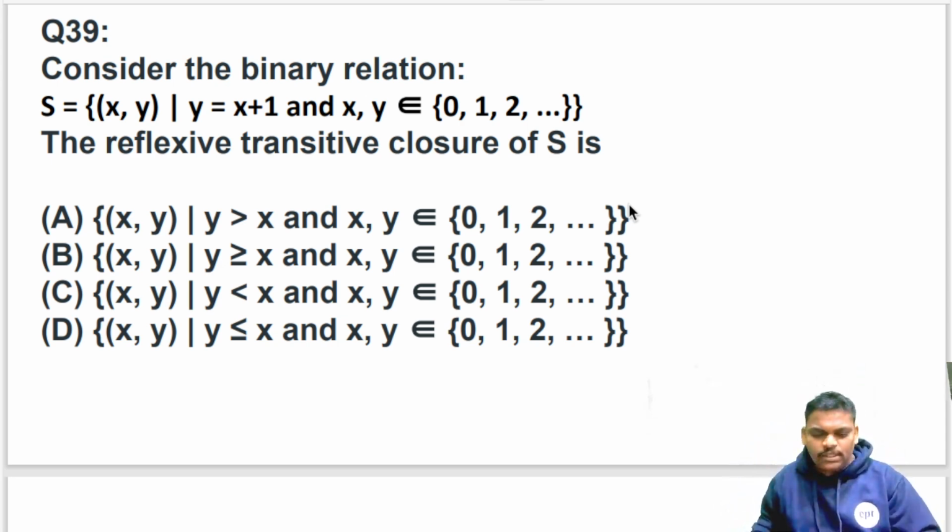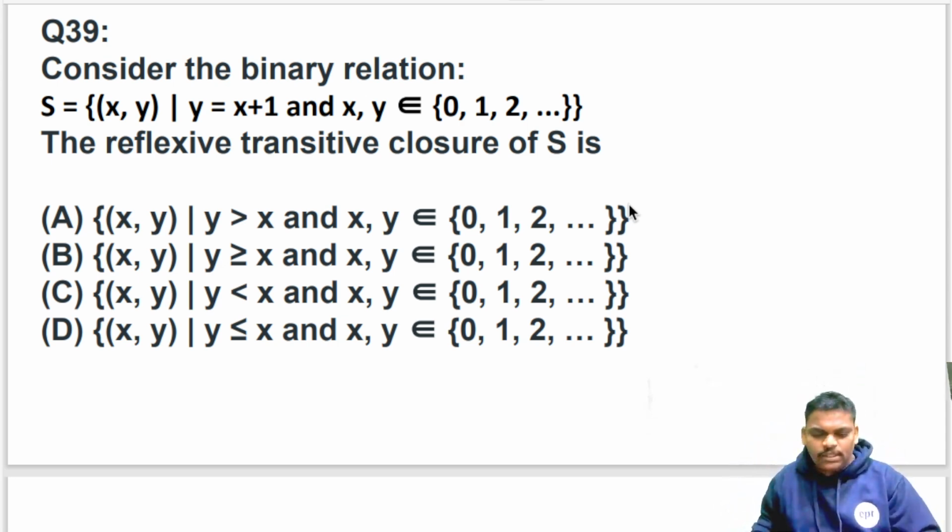P and Q: true, false, false, true. What about here? P and Q: false, false, false, false. Go to the next one now.